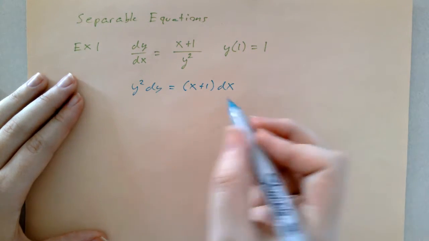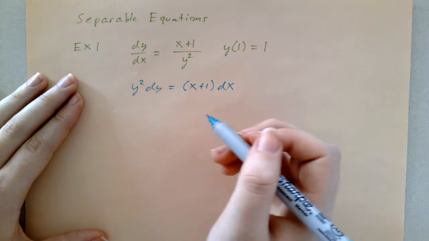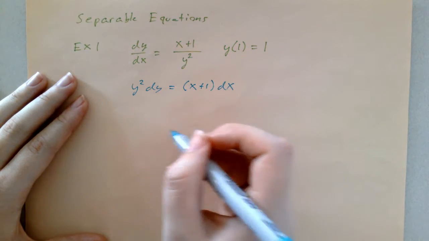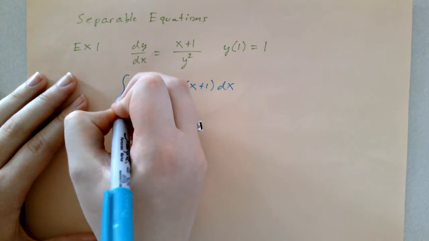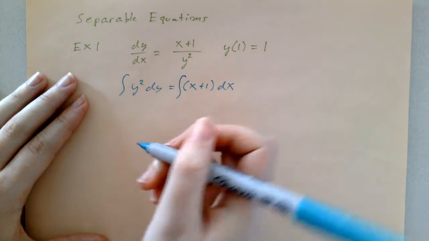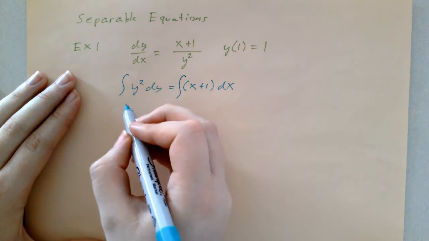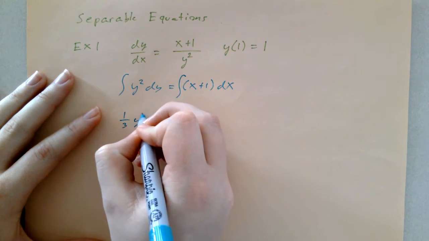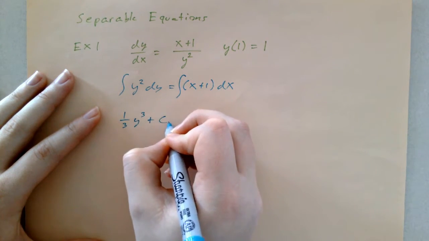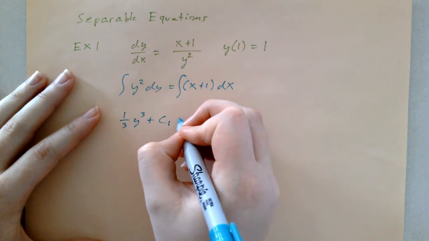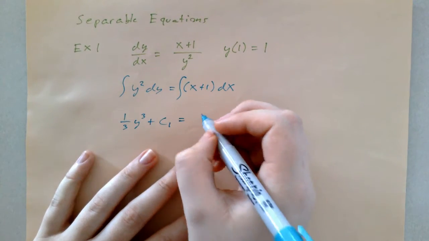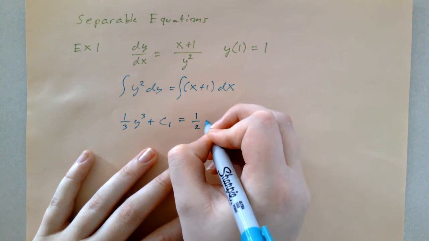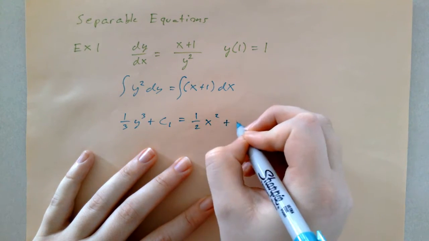Once you have all of your y's and x's on their appropriate sides, it's time to integrate. So the integral of y squared is 1/3 y cubed plus, we'll call it c1 since we're on the first side of the equation. And over here we have 1/2 x squared plus x plus c2.